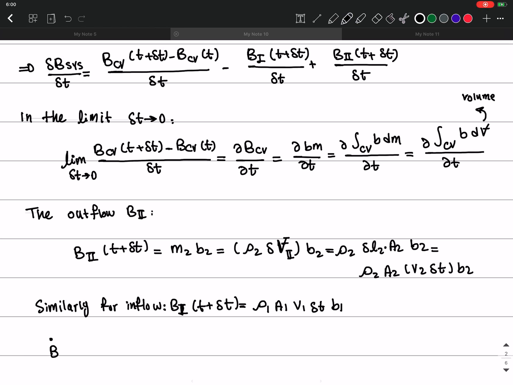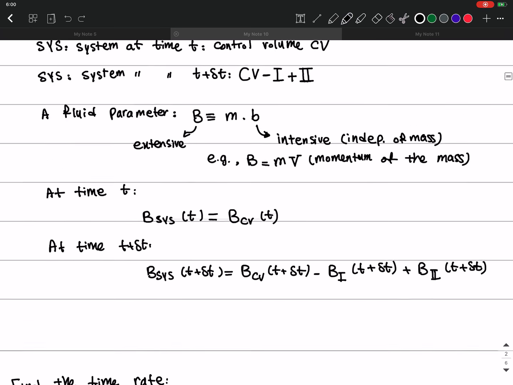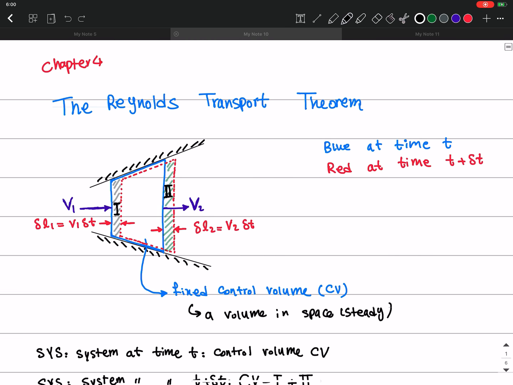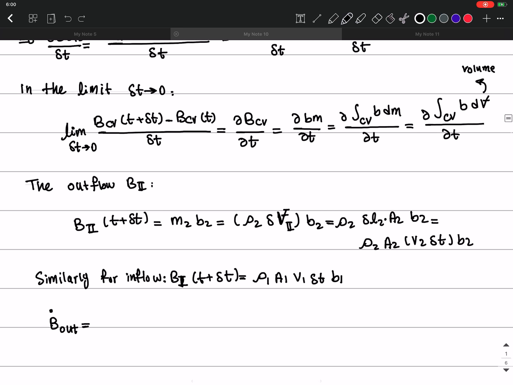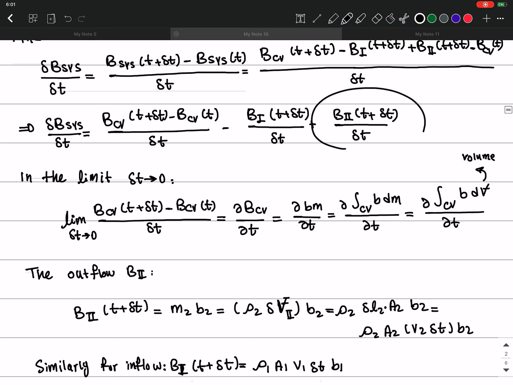And also B dot out, this is how much B goes out of this control volume, which is calculated as the limit as delta t goes to 0 of B2 at t plus delta t over delta t, right? This is nothing other than this term.